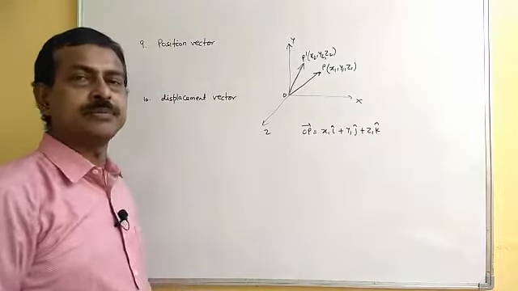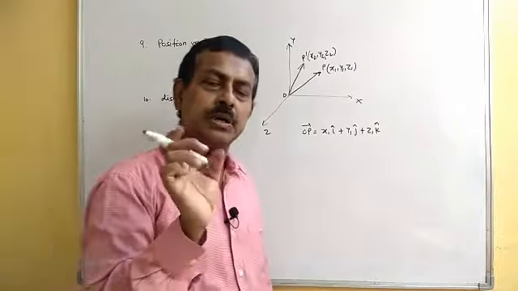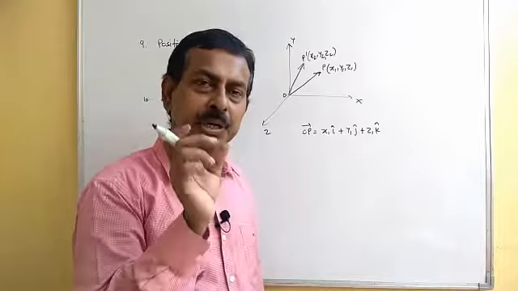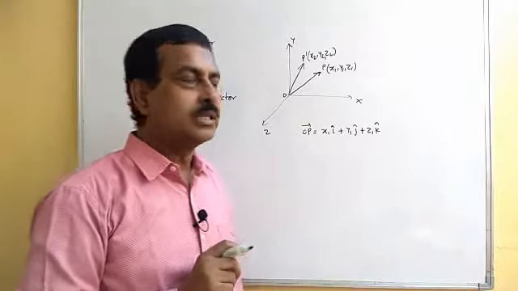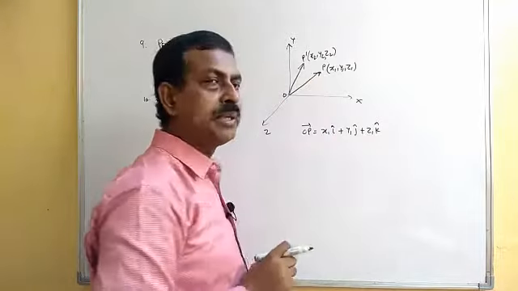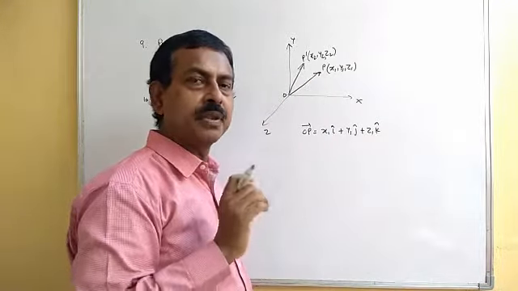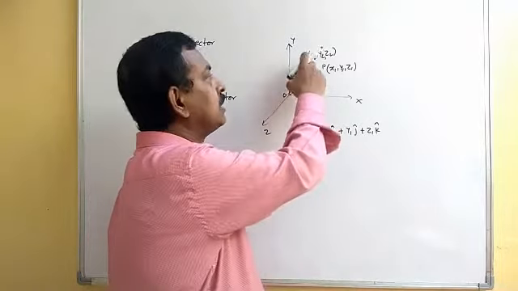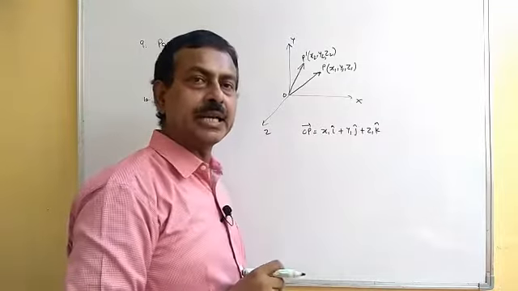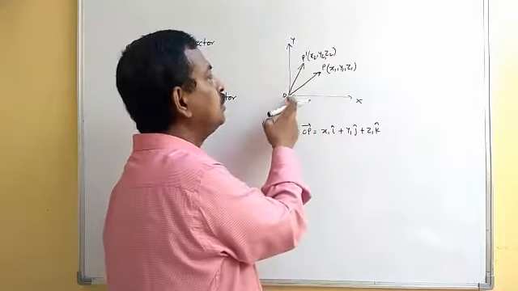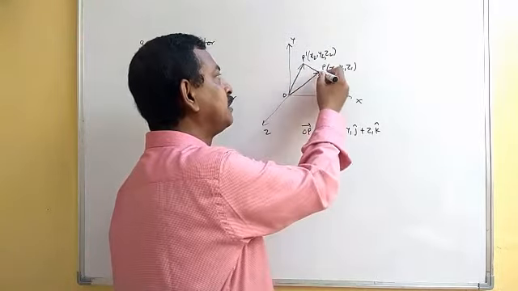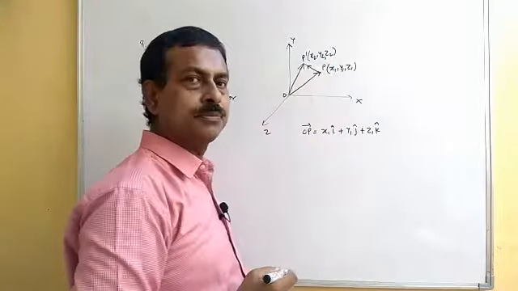Another is the displacement vector. This gives you the net displacement or shift of the position of the particle in a particular interval of time. Say, for example, we have assumed that the particle is at point P at an instant T. At time T dash, it is at position P dash. So its position vector is OP dash. And this particle has shifted in this direction.